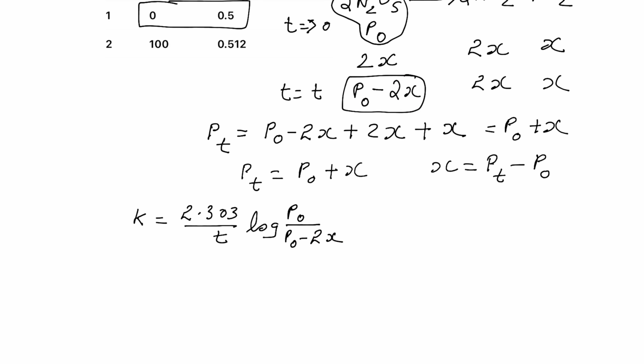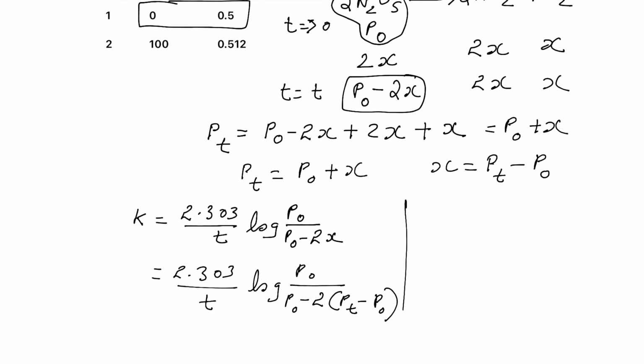Okay, fine. Now we can substitute the x. It will be 2.303 by t log P0 by P0 minus 2 into Pt minus P0. On calculating, we get 2.303 by t log P0 by 3P0 minus 2Pt, correct?